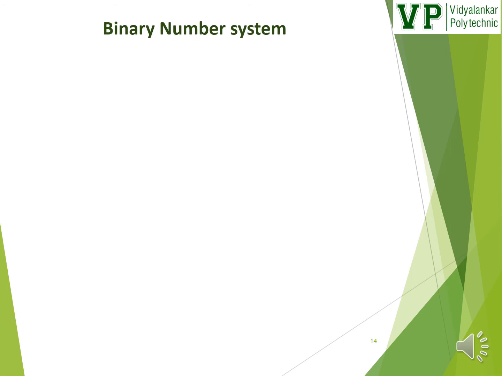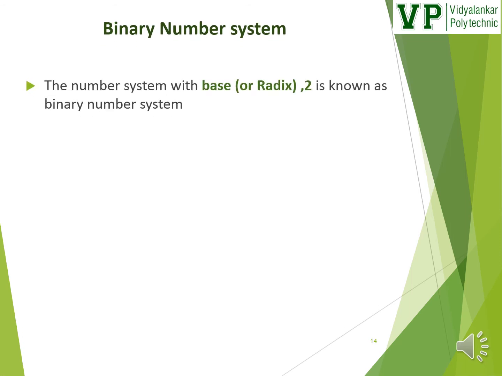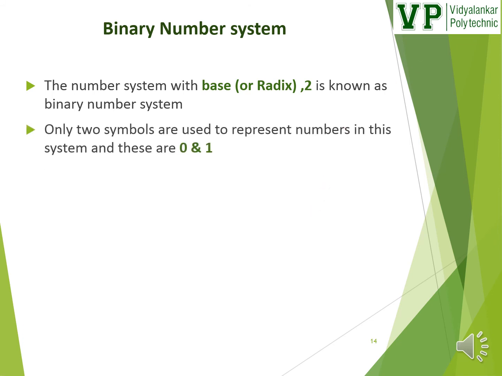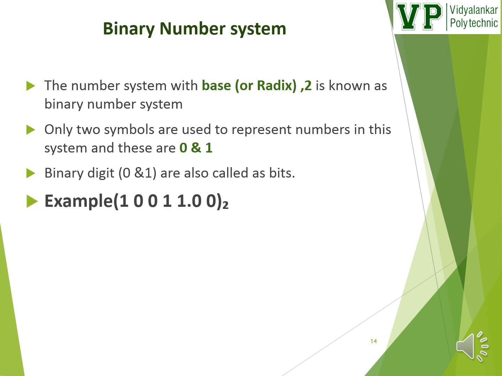First, binary number system. The number system which has base 2 is known as binary number system. It always consists of 2 values or 2 symbols which are 0 and 1. 0 and 1 binary digits we call bits.